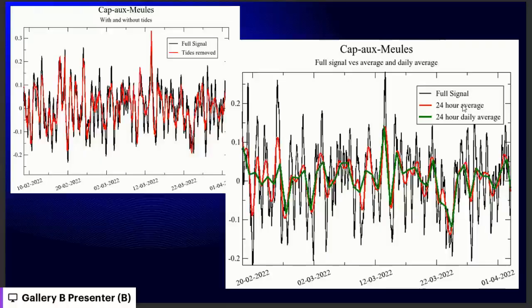Now, just to remind you that in a place like Cap Mul, which is the Magdalen Islands, the residual signal is almost the same as the tide. The tides are very, very low there.